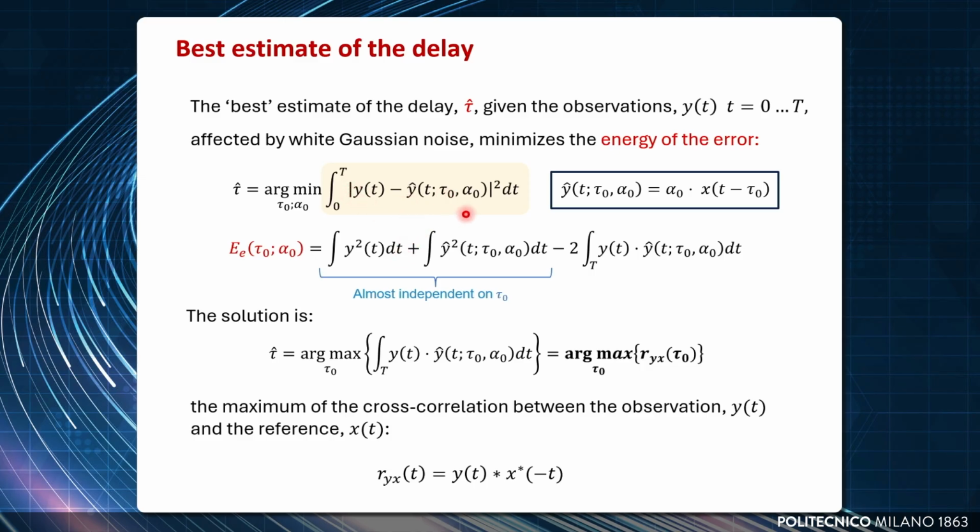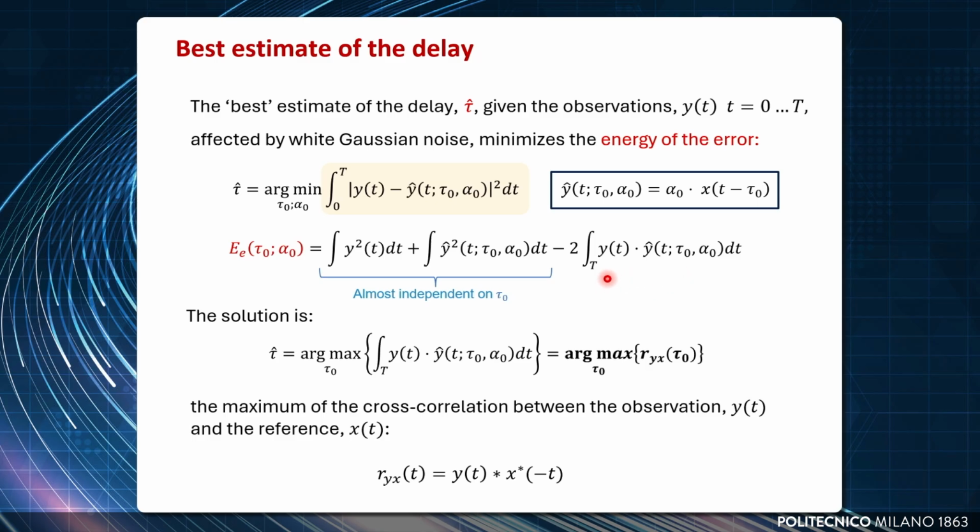So if we elaborate further this equation, we can say that this energy depends on the energy of the observed signal, that does not depend on the parameters, on the energy of the model, that depends a lot on alpha 0, but it's not our interest, and very slightly on tau 0, if tau 0 is a very small delay. And the driver for minimizing the energy is maximizing this term.